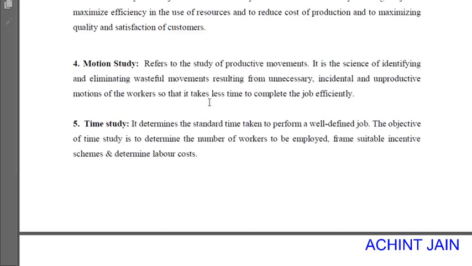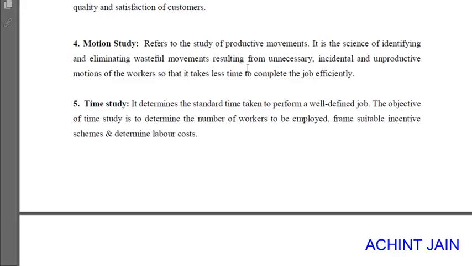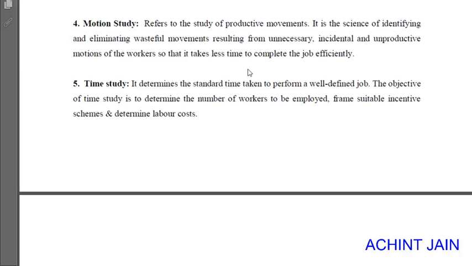Overall, motion study refers to the study of productive movements. It is the science of identifying and eliminating wasteful movements resulting from unnecessary, incidental and unproductive motions of the workers so that it takes less time to complete the job efficiently in the organization.